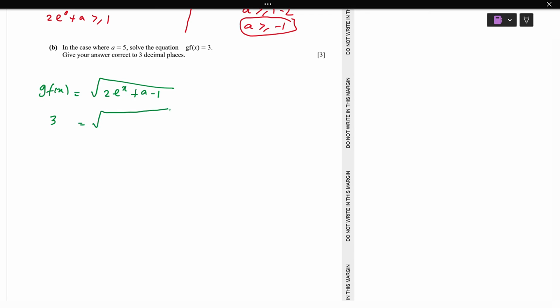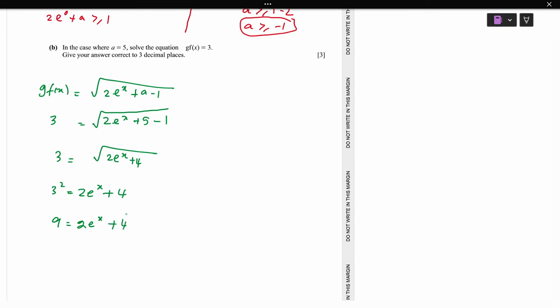So square root of 2 into e power x plus 5, minus 1, equals 3, so it's square root of 2 into e power x plus 4. I'm removing the square root, so I'm squaring both sides, which is 3 squared equal to 2 into e power x plus 4. So this is 9 equal to 2 into e power x plus 4.